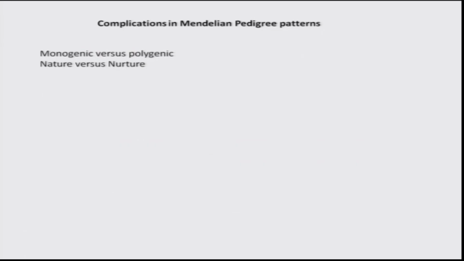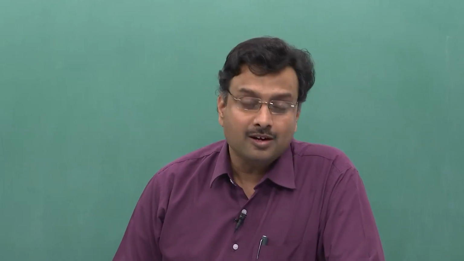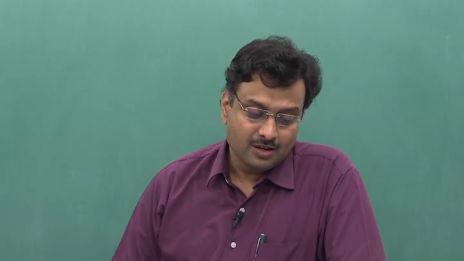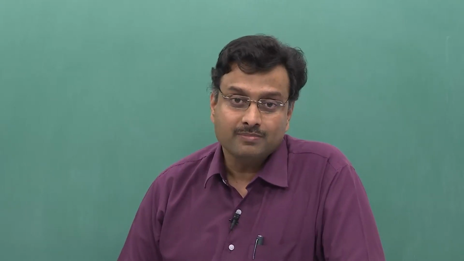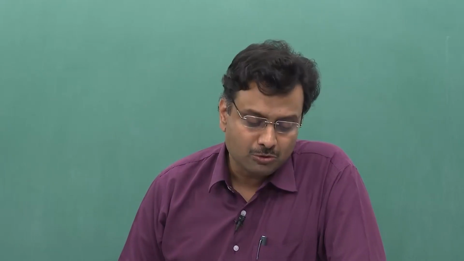So that's what we pretty much looked at in Mendelian patterns. Whatever we discussed so far is for monogenic disorders, meaning the phenotype results from a defect in mostly one gene.